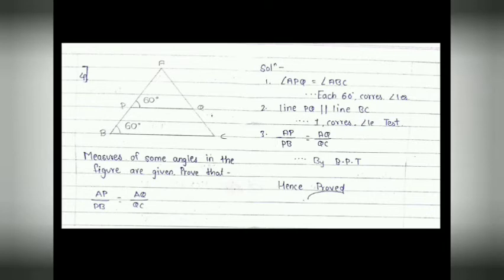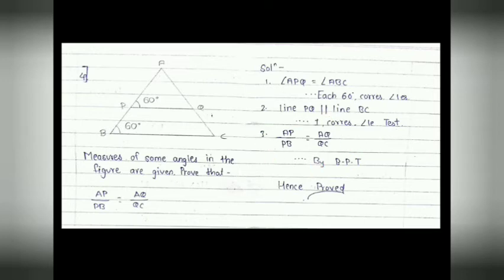Okay. Because these two angles are congruent, we can write these two are parallel to each other by corresponding angle test. Therefore, if in a triangle PQ is parallel to BC, then by BPT we can find AP upon PB is equal to AQ upon QC. This proves the given. From the given part, we can prove this part.